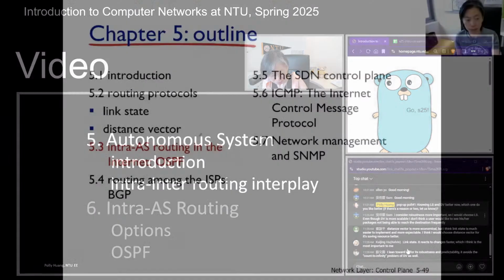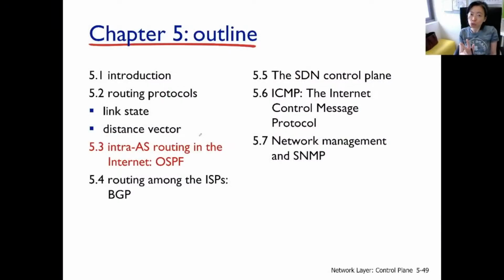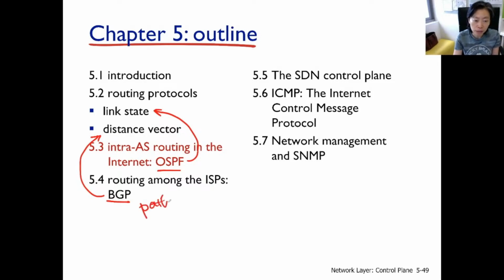All right. Next, we'll be talking about two routing protocols that are actually running on the internet. First is called OSPF, and it's based on the first principle, link state routing, the one that implements the Dijkstra algorithm. The second, BGP, is based on the other routing principle, distance vector routing. Well, to be exact, BGP is not just distance vector routing.